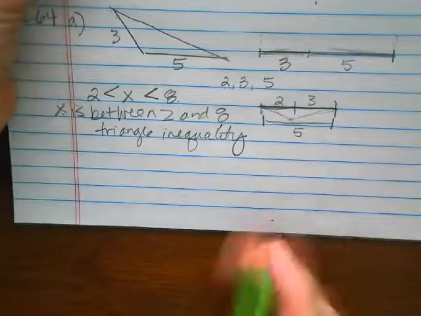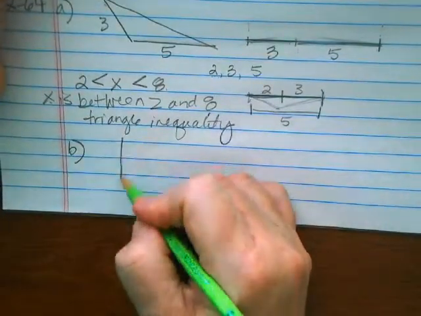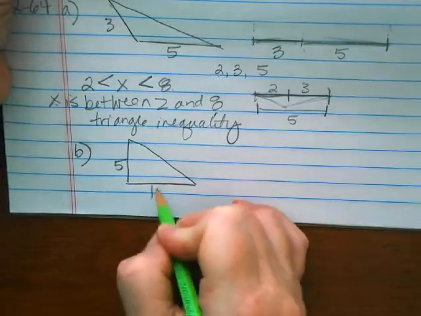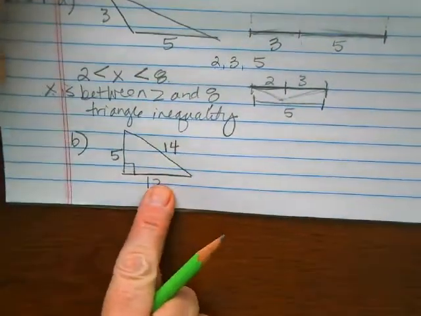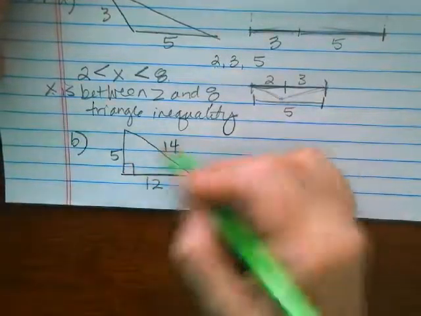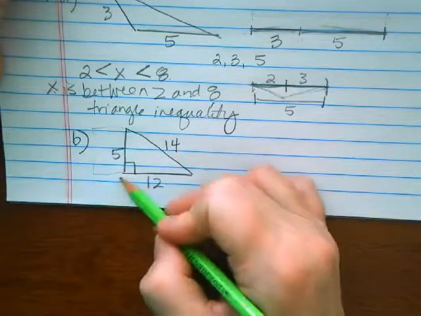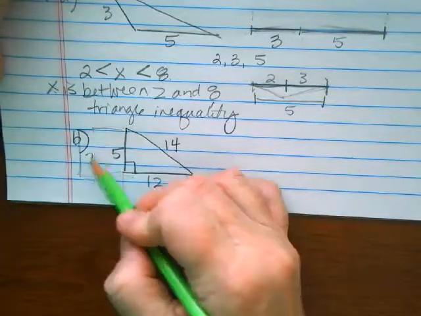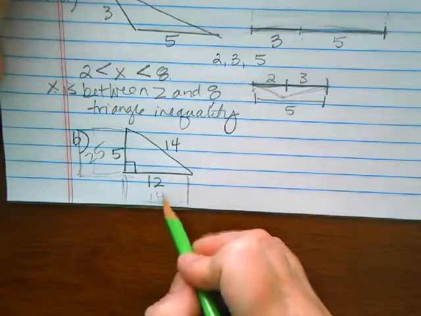For 264 part B, we have a right triangle. One side is 5, one side is 12, and one side is 14. Well, if this is a right triangle, then the sum of the squares of these two sides, if I square 5, that gives me 25. If I square 12, kind of ran out of room, that would give me 144.